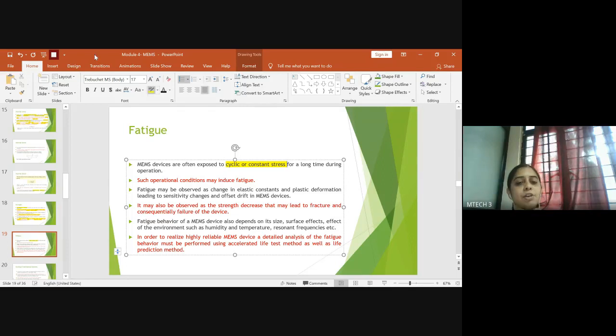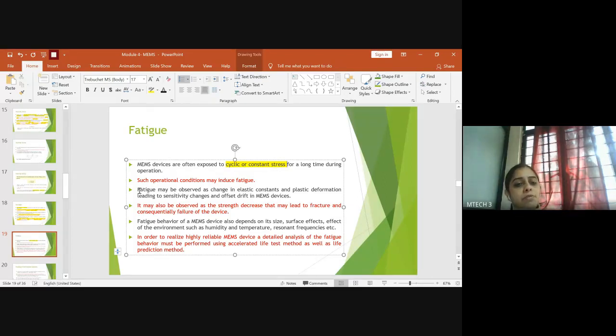Such operations usually result in inducing fatigue in a device which is working for a continuous period of time under loading. And be careful, I'm not talking about heavy, medium, or small loading. If the load we have subjected is continuous for a long period of time without any rest, then it induces fatigue in the body.